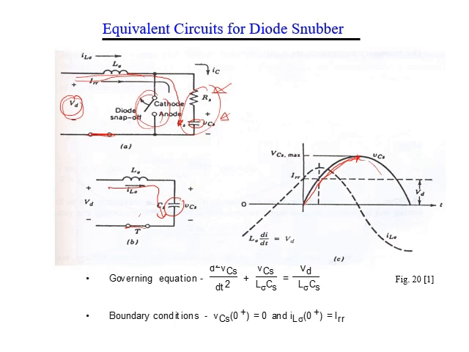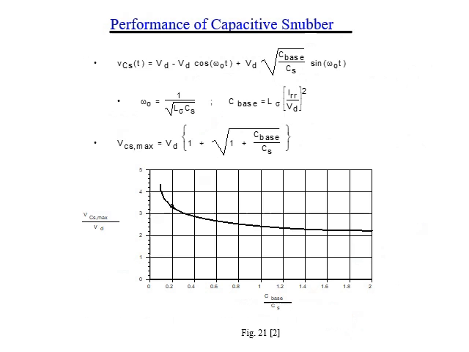Now, if I write the formula for this circuit, the voltage is the voltage across the inductance and capacitor, and we come up with a second order differential equation. Let's assume the initial condition for the capacitor voltage is zero and for the current is I_rr.